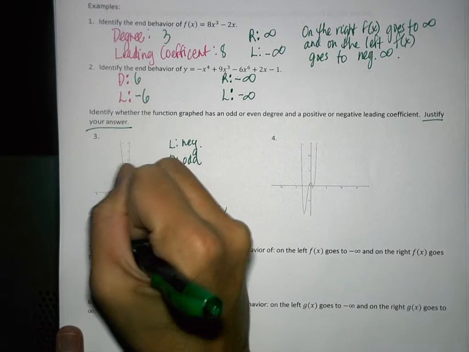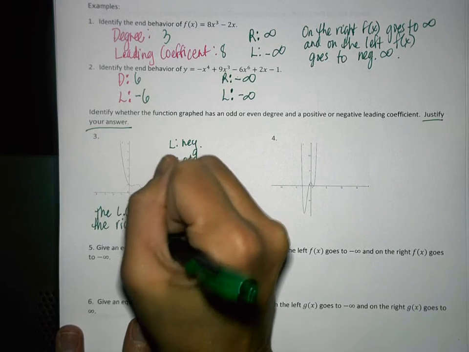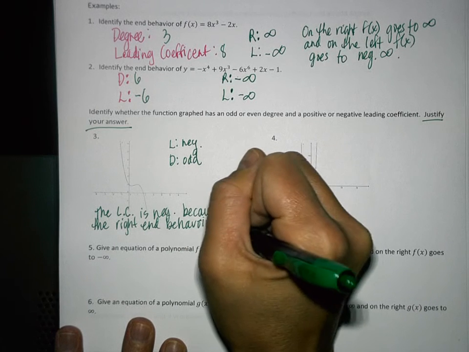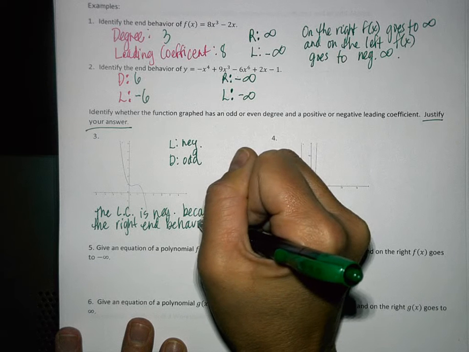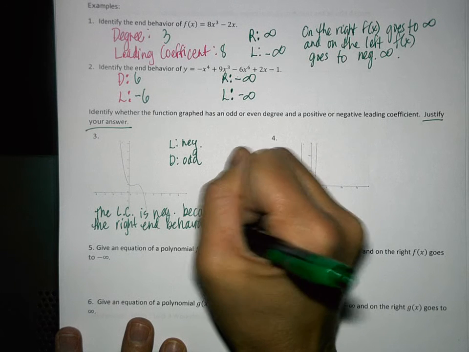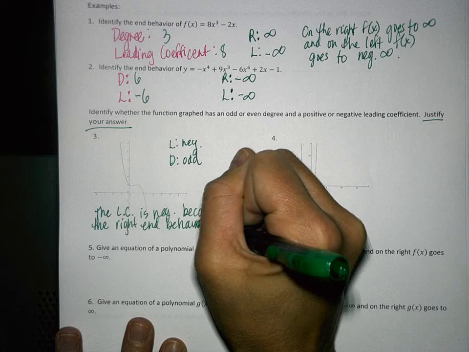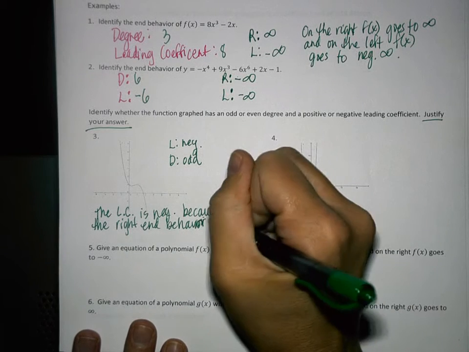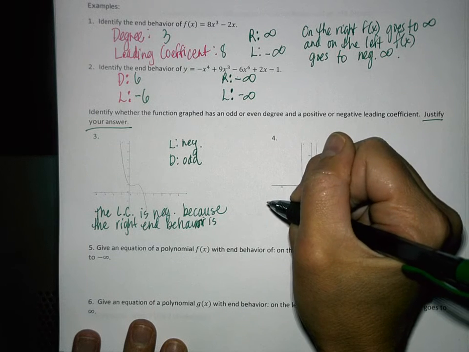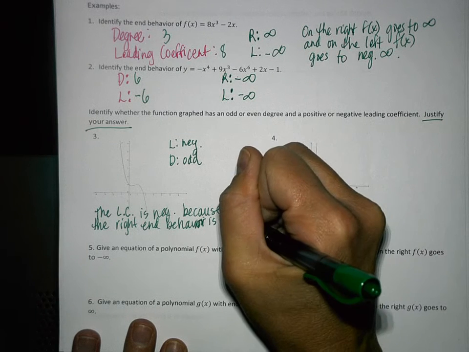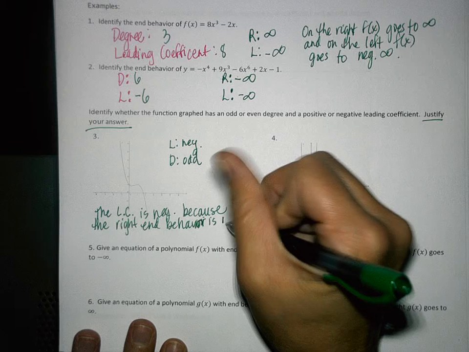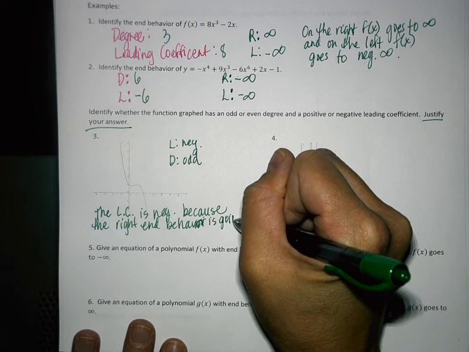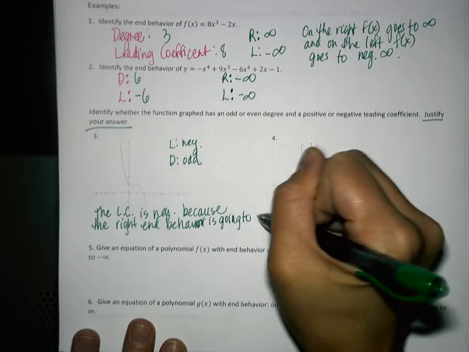Because the right end behavior is going to negative infinity.